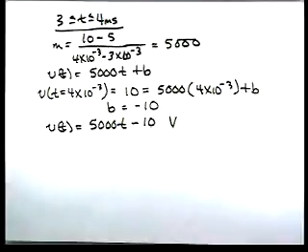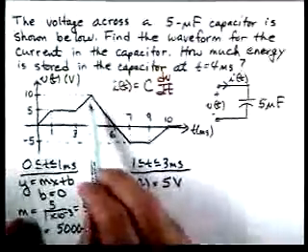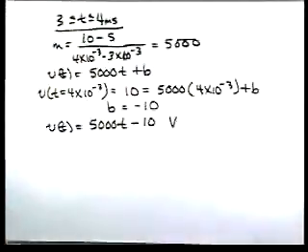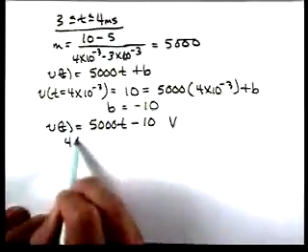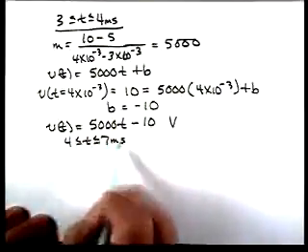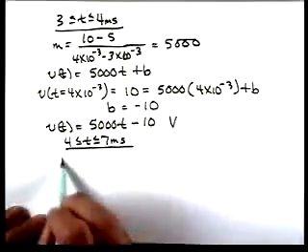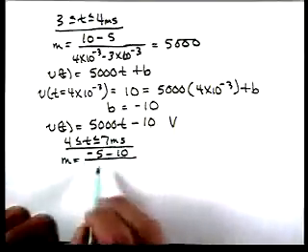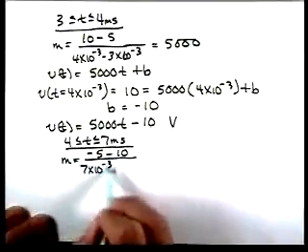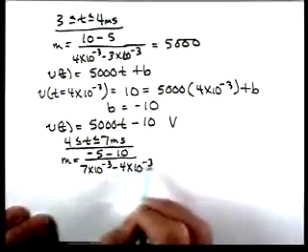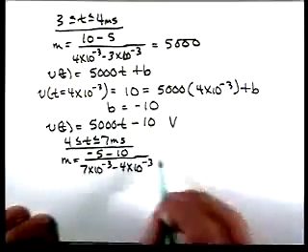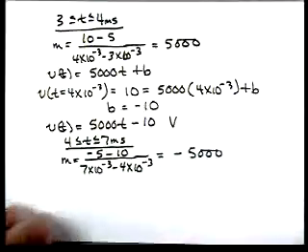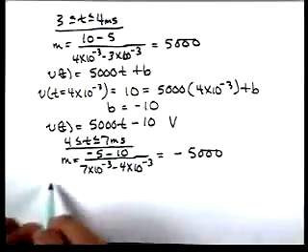Now for our next interval, from 4 to 7, you have a straight line. We're going from 10 to minus 5 over 3 milliseconds. So our slope now is minus 5 minus 10 over 7 milliseconds minus 4 milliseconds. That's a slope of minus 5,000. Now we need to find the y-intercept.